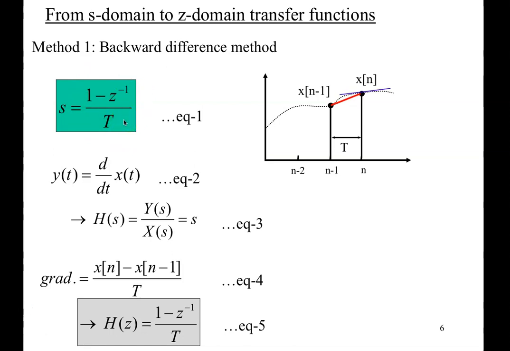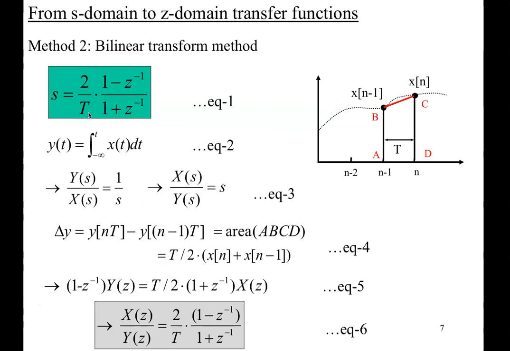So you replace every single s by this formula, you end up with a transfer function in z, which is something you can use for implementation in a digital control system. That's method number 1. We call it the backward difference method.